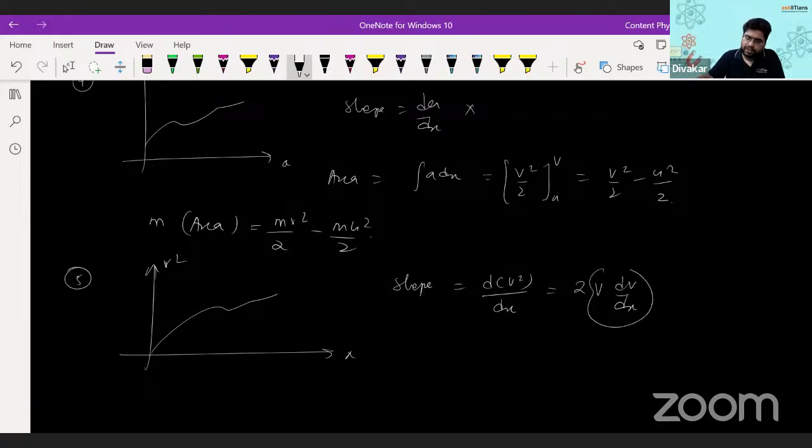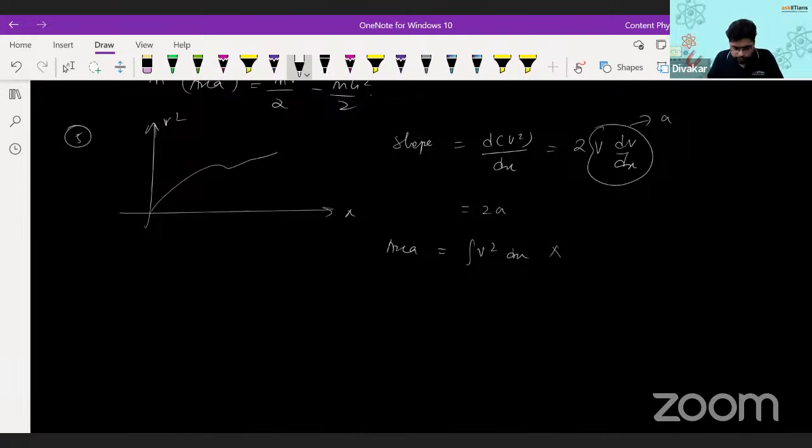Now, this we have seen somewhere. This is the alternate formula for acceleration. So the slope of the v square versus x graph is important because it gives you twice the acceleration. Is the area important? Area is the integration of v square dx, and it is not very important. Last part of it, sometimes you need to find out equations also. Those types of questions are rare, but if they ask you for the equation, then you need to know how to write it down.